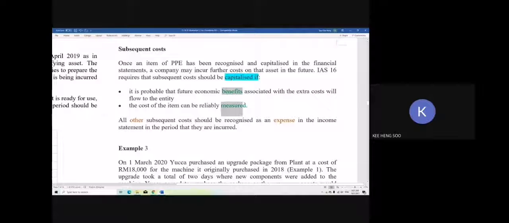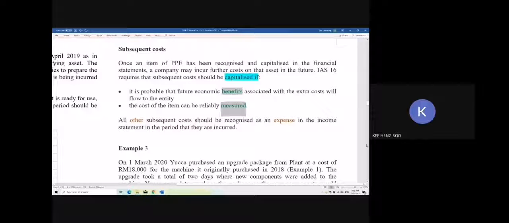If your car, your van, your lorry, after 10 years, your lorry and your van are very old already. You take out the whole engine. You replace it with another new engine. That is called, you are going to create future economic benefit, and the amount you pay for the engine can be measured reliably. So this engine will be added into the cost. You got it? Say for example, the lorry and the van cost you 50,000.